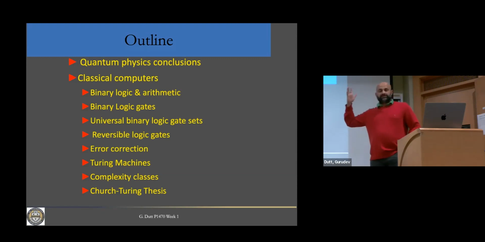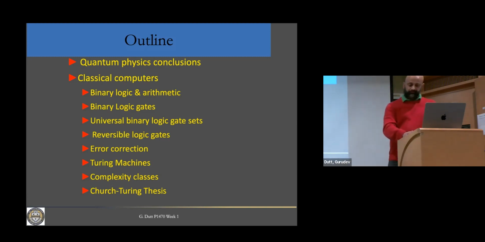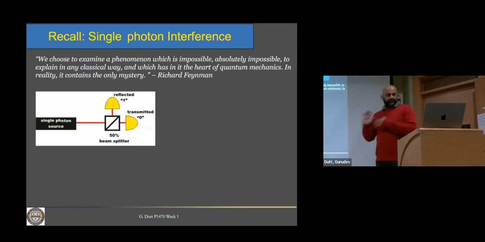Remember, we said there are 4 models of quantum computing, and one of them is circuit-based quantum computing, which will have close analogies with circuit-based classical computing.